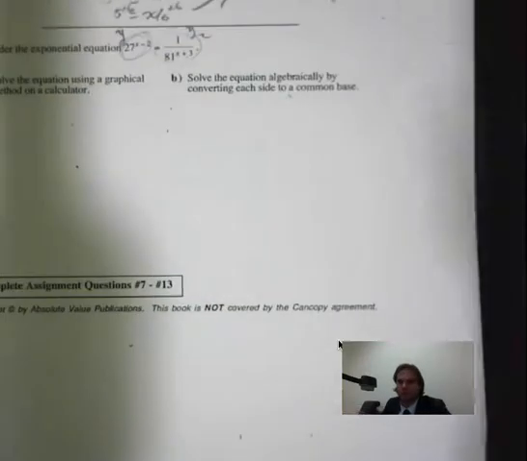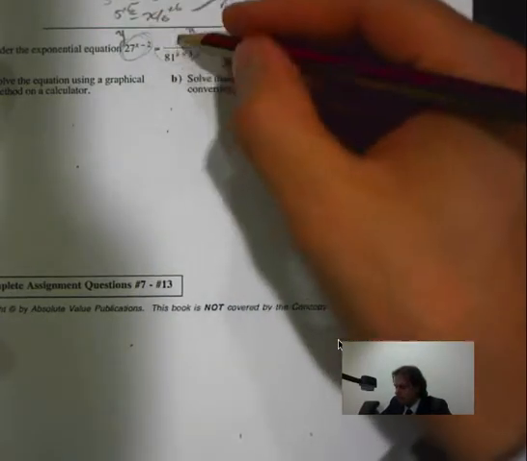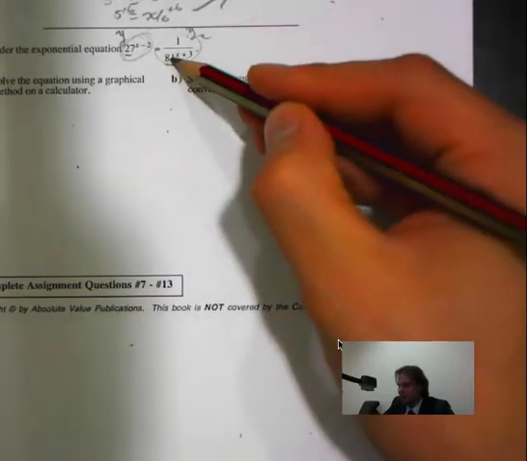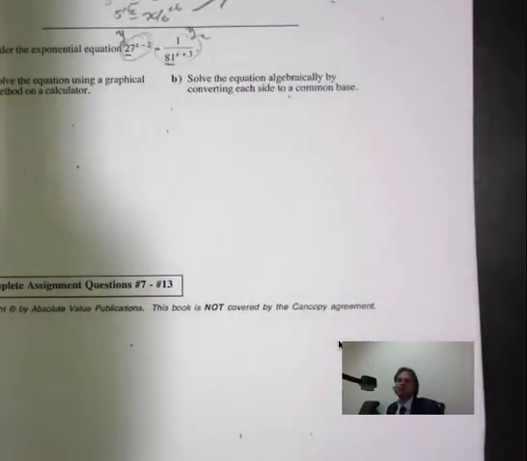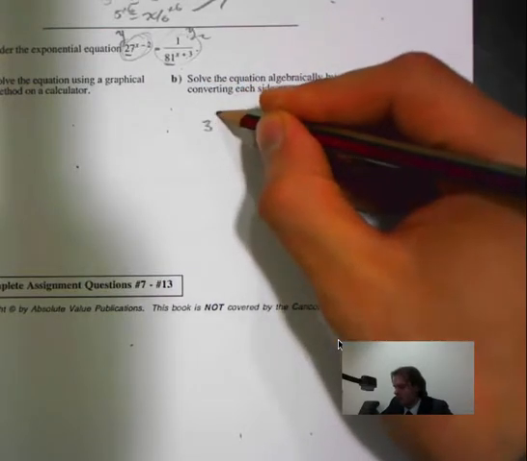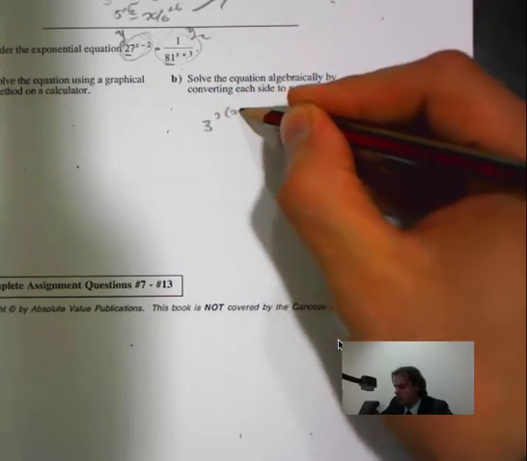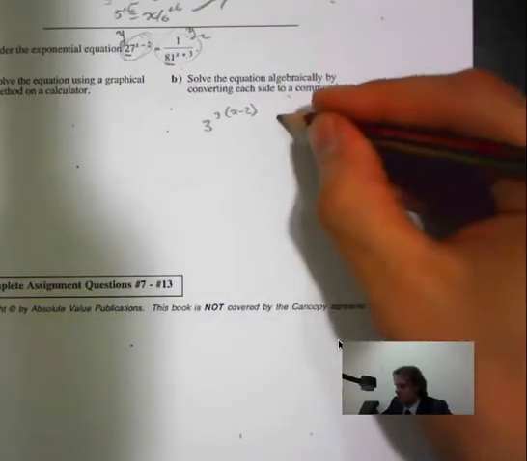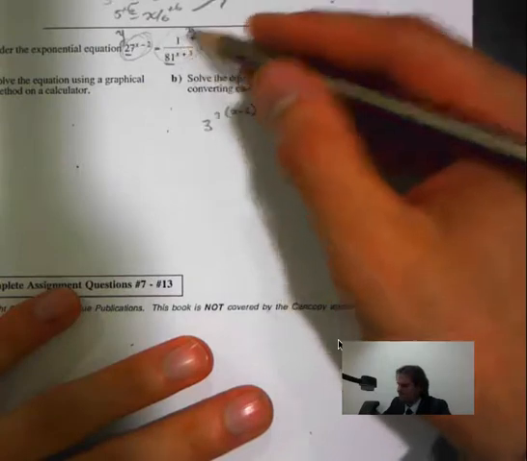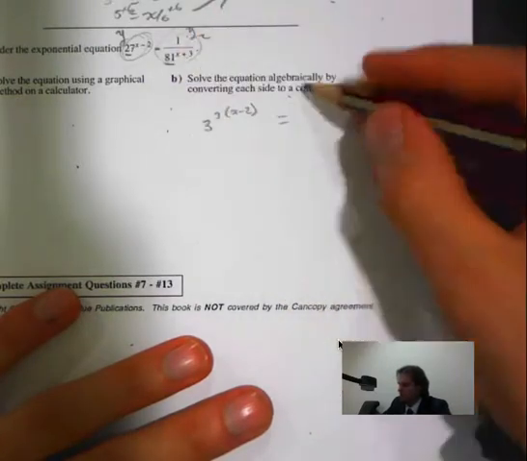All right, so basically, if I look at this, what's the lowest base that these could be divided by? If I add these together, that's 9. Add these together, that's 9. They could both be divided by 3. So I'm going to get 3 to the 3x minus 2 is equal to, I'm going to flip this first.